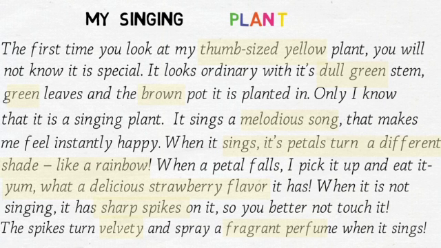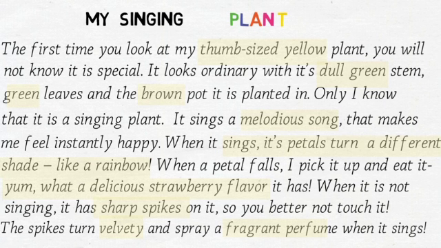When a petal falls, I pick it up and eat it. Yum! What a delicious strawberry flavor it has. When it is not singing, it has sharp spikes on it, so you better not touch it. The spikes turn velvety and spray a fragrant perfume when it sings.